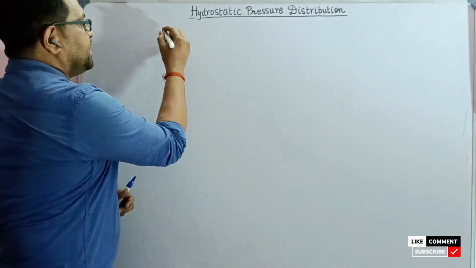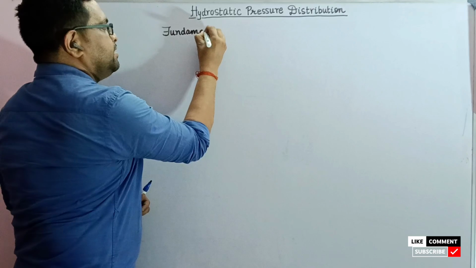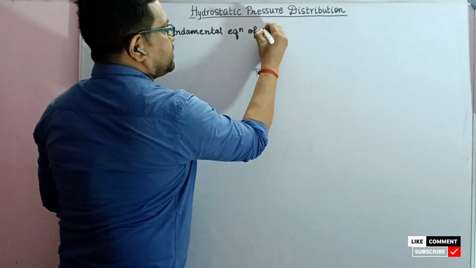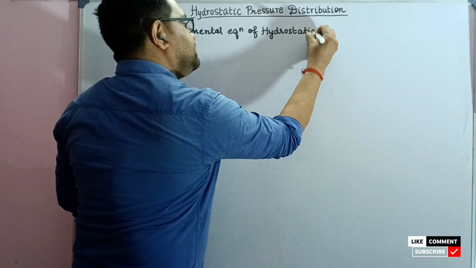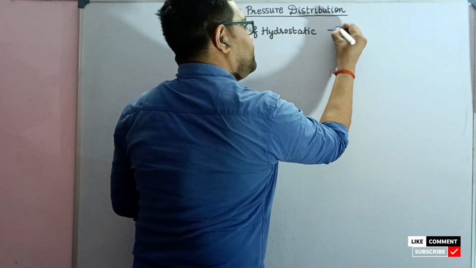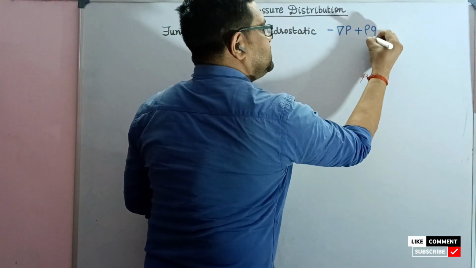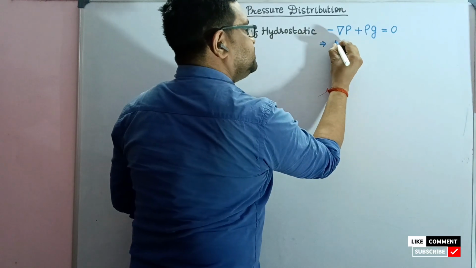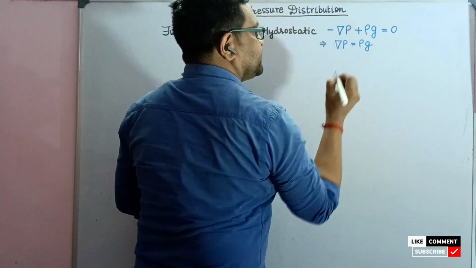According to the fundamental equation of hydrostatics, what we got is that the negative gradient of P plus rho G is equal to 0. Now, this can also be written as the gradient of P is equal to rho G.